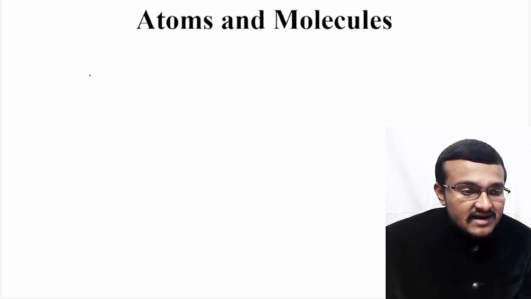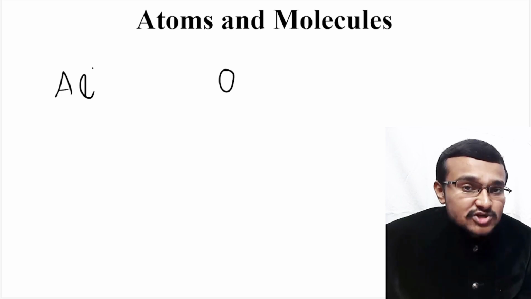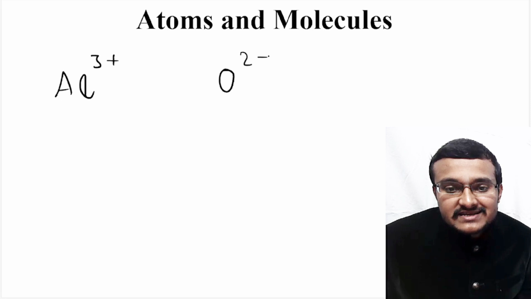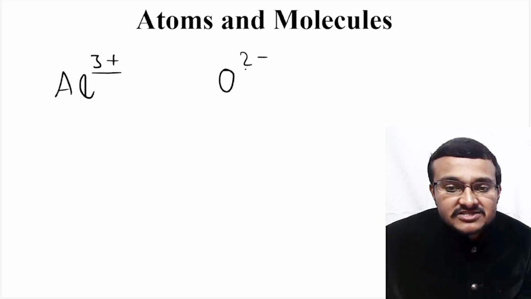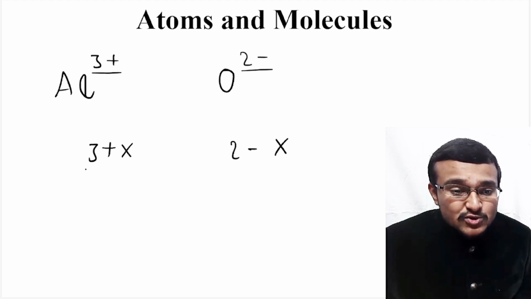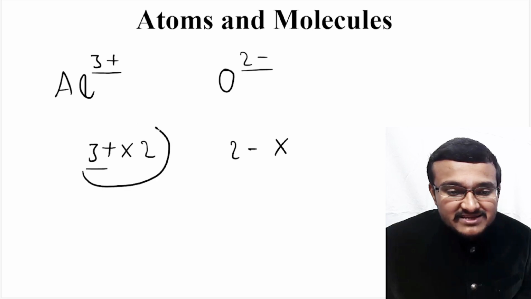Now if I consider aluminium and oxygen, the charge of aluminium is 3 plus and the charge of oxygen is 2 minus. Now how to balance 3 plus charge with 2 minus charge? To balance out this charge, you can multiply 3 plus with 2, and you will get 6 plus.